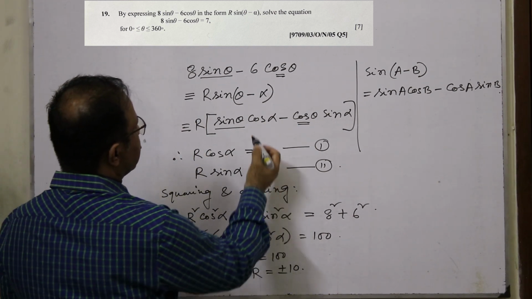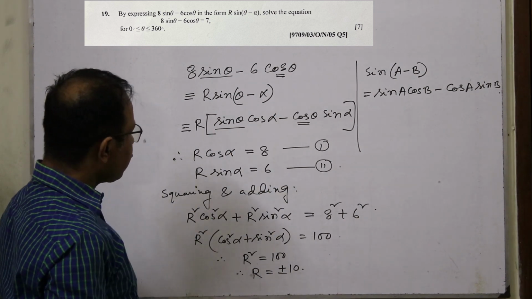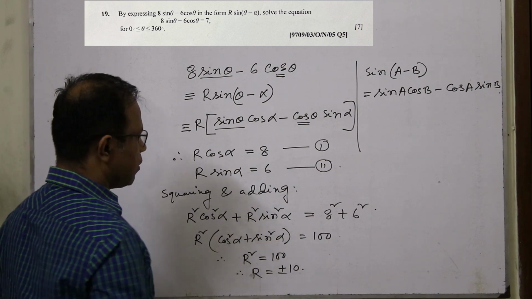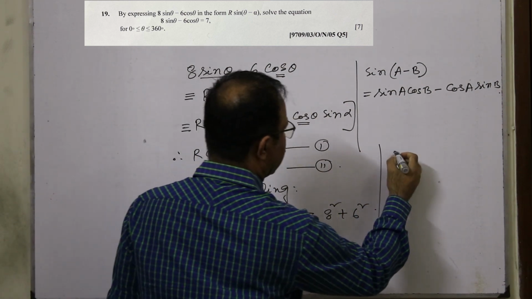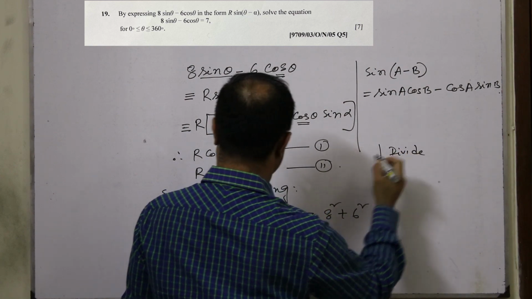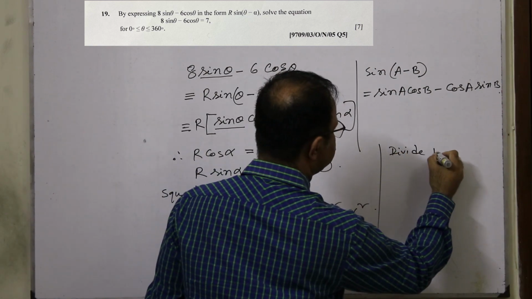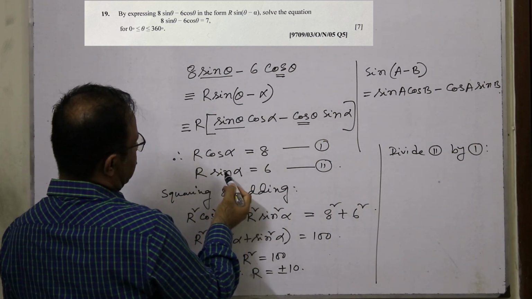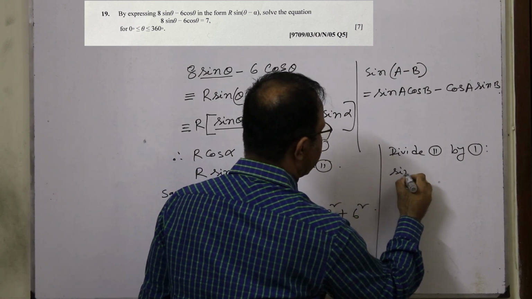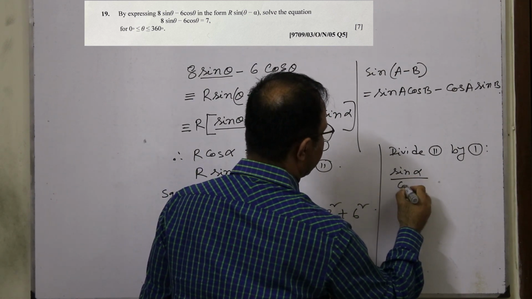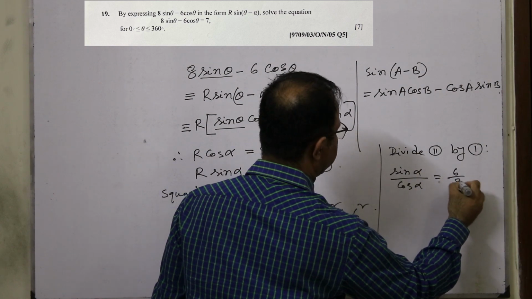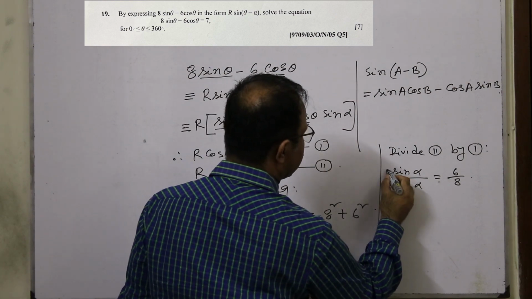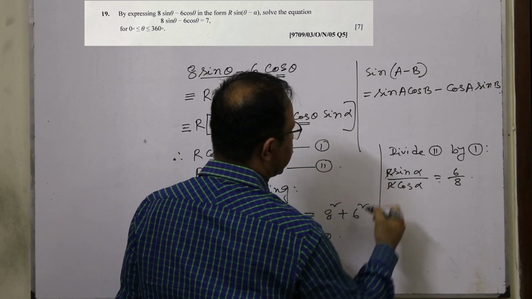Here we need to find the value of alpha. How can we find alpha? If we divide the second equation by the first, we get sine alpha divided by cos alpha equals 6 over 8, because if we write r on both sides, it will be cancelled.